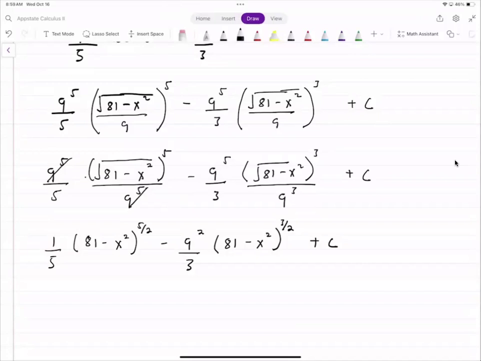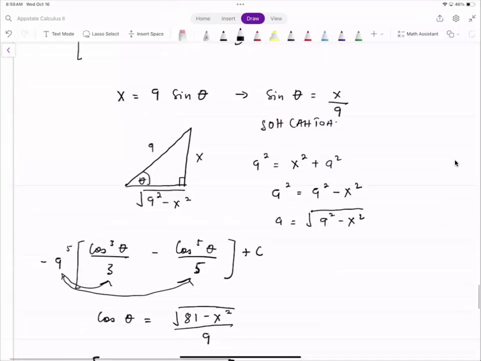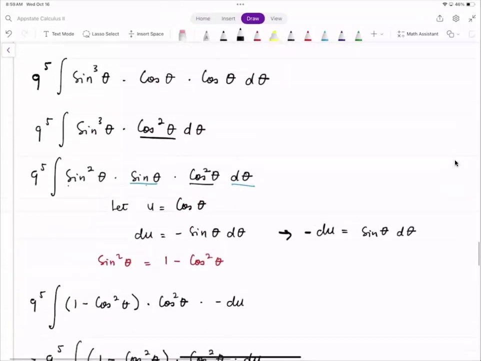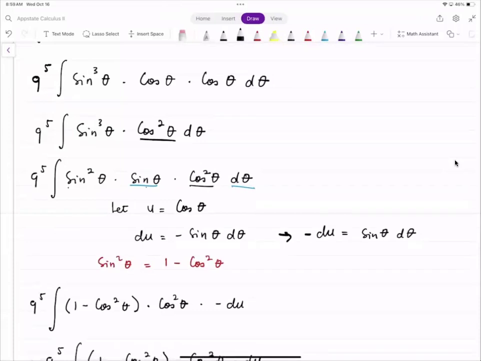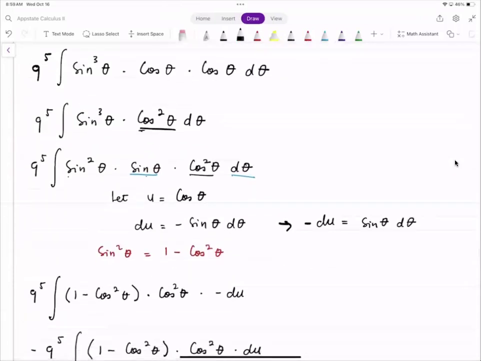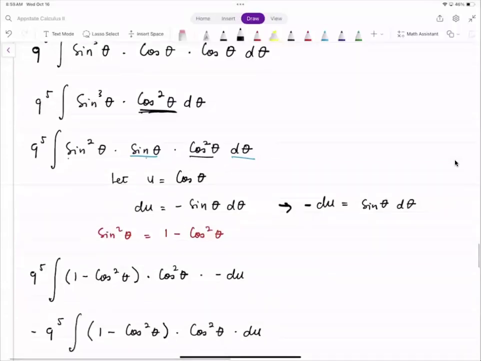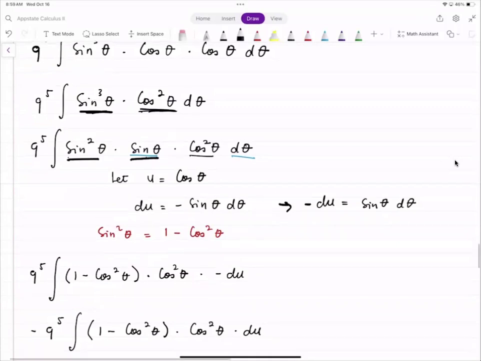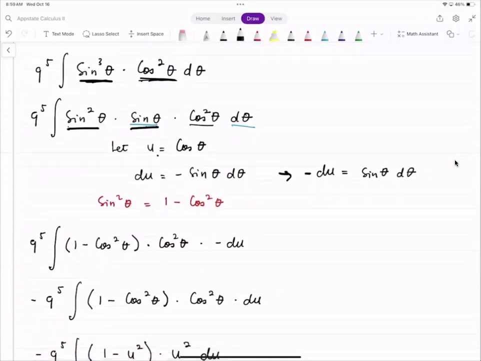What happened to the square that was on the cosine? Okay, let's get here. Okay, Noah, so this is the square here. And so we split this one here to be sine squared times sine, okay? And then cos squared theta. And then we said u to be cos theta.